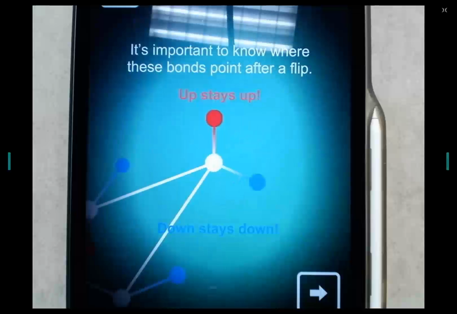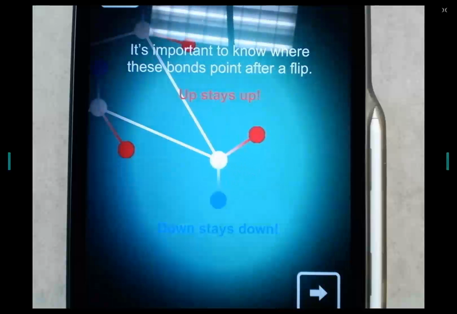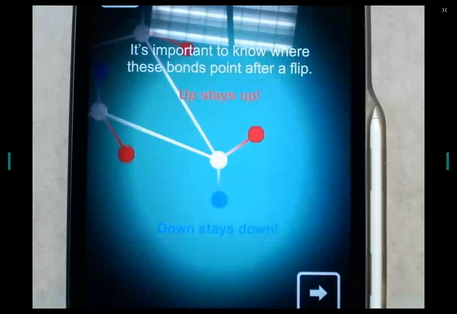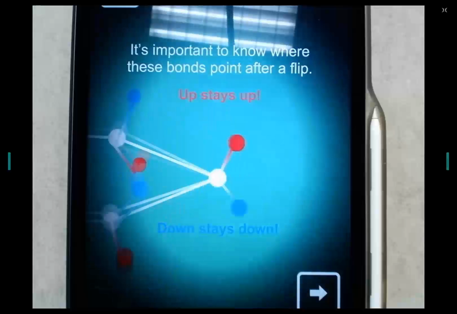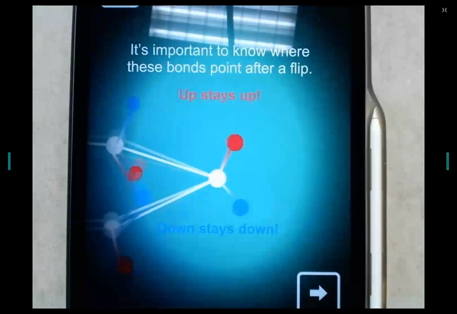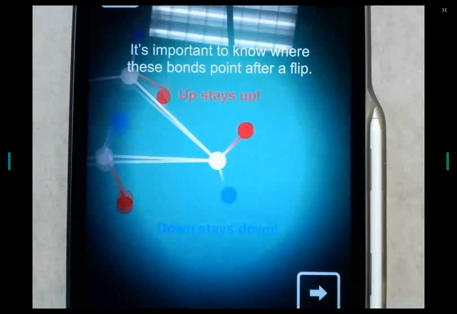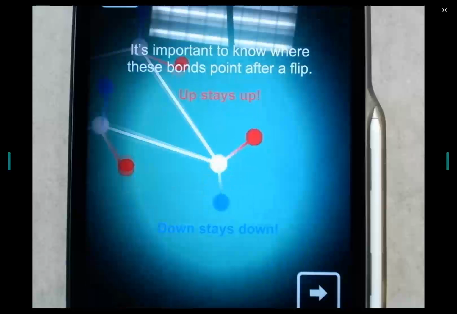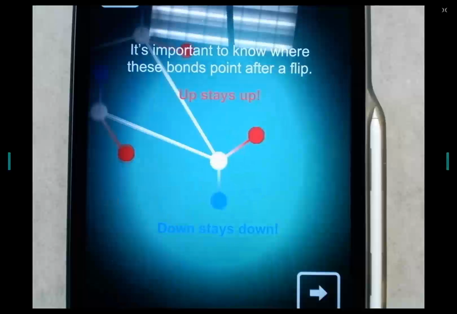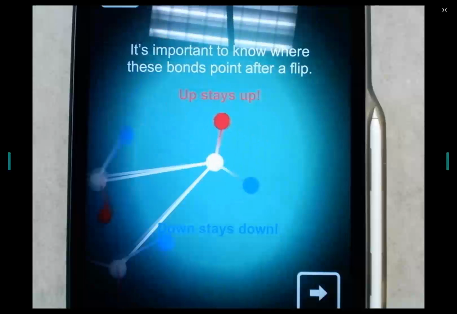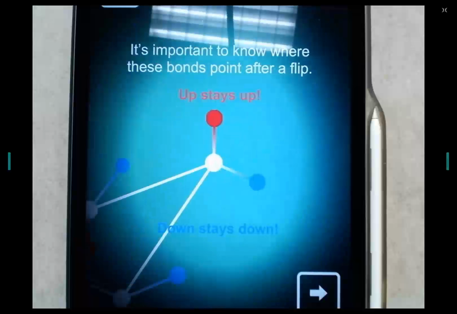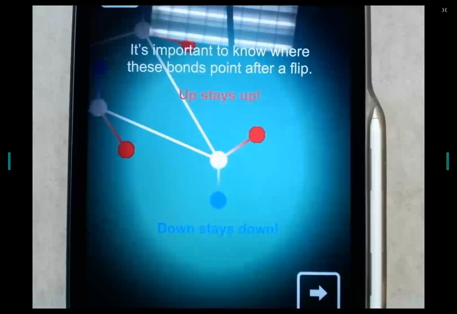And the blue is always below the plane of the ring. But when we do a ring flip, the red goes from being axial to equatorial. The blue goes from being equatorial to being axial. So when we do this ring flip by lifting and pushing down, all of the positions are still above or below the plane of the ring, but now they've switched from being axial to equatorial. That's the important part of a ring flip.